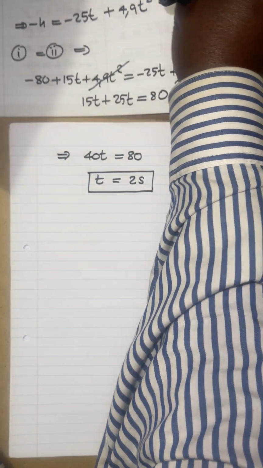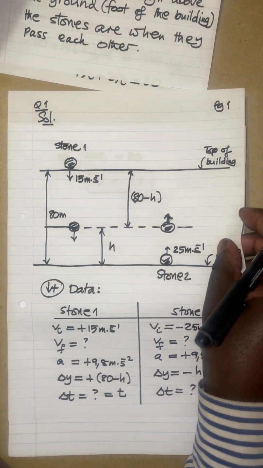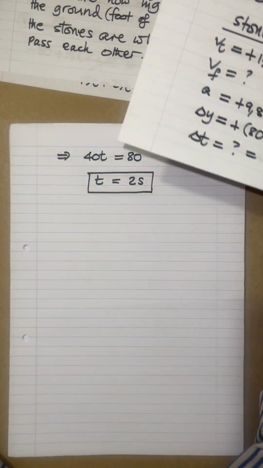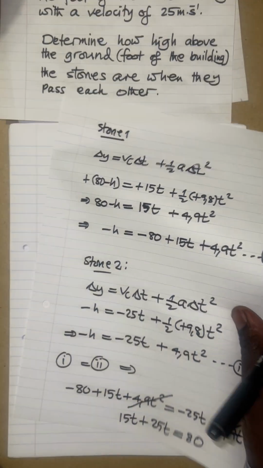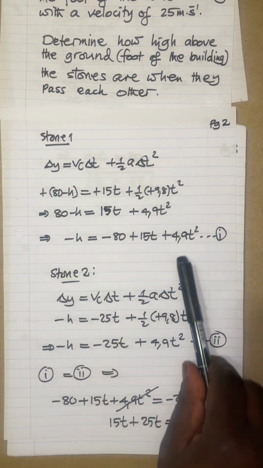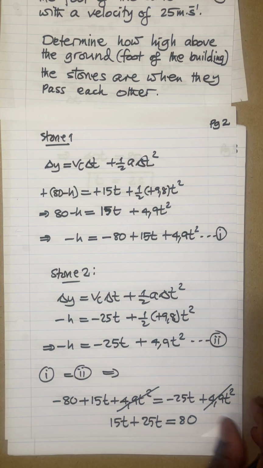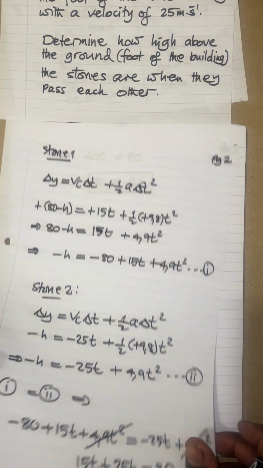In our sketch, let me take you to the sketch. We are interested in this h here. That means we have to take one of the two equations and substitute t in one of the two equations here. Either this one or this one, and substitute t. So I'm going to take this one. It's easier. So minus h will be equal to that, and then I'll solve for h.